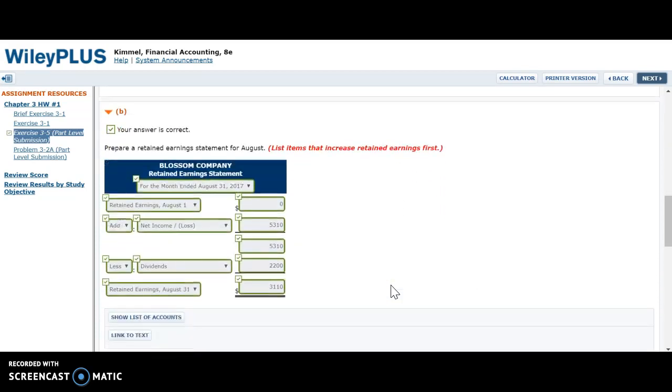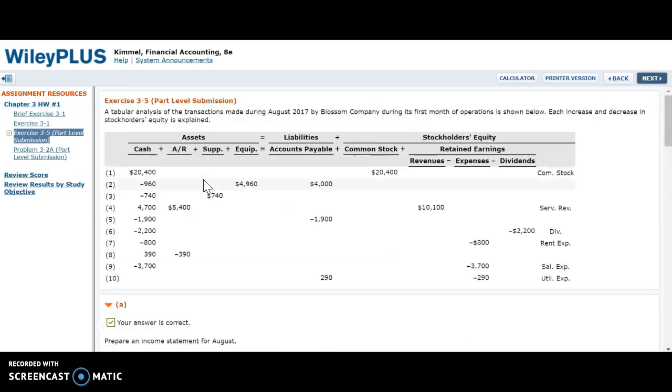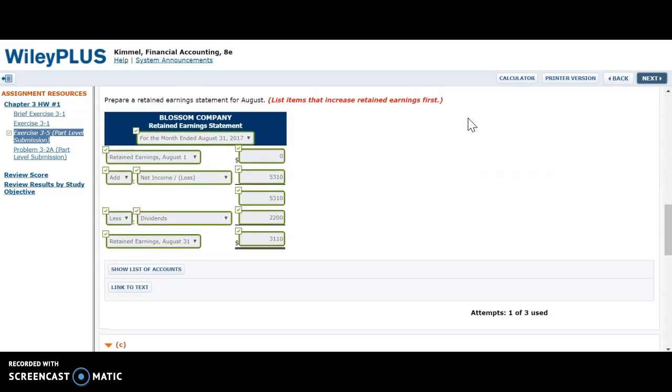So we'll move to part B, which is the retained earnings statement. This is also a month-end report, so month-end August 31st, 2017. If you'll recall, we're going to start with the beginning retained earnings, which is money that was held from the previous month. However, we learned up here in the instructions that this is the first month of operations, so there are no retained earnings.